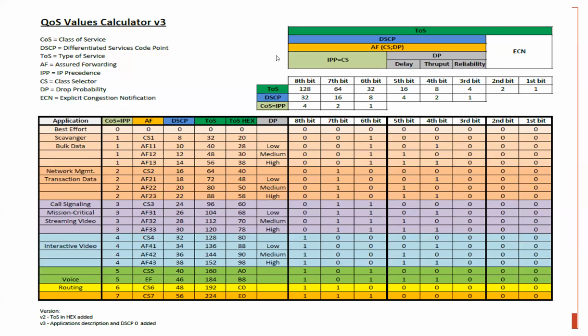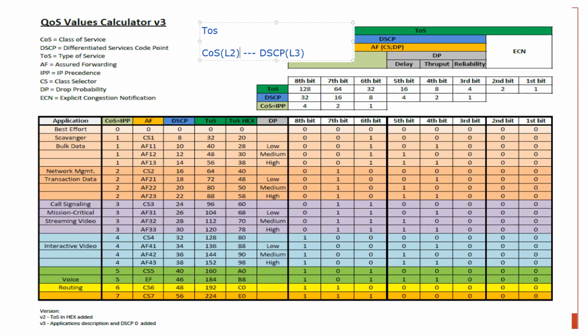One part is COS, class of service, which is layer 2 classification and marking, and the other part is IP DSCP, which is layer 3 marking. We have discussed these things earlier.